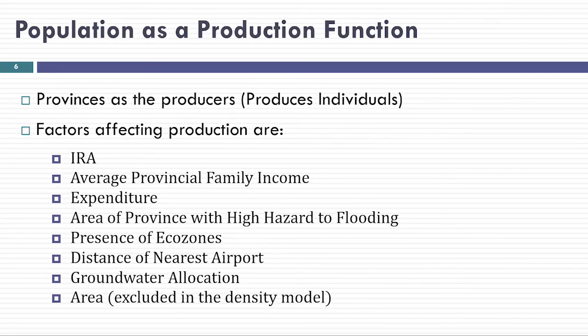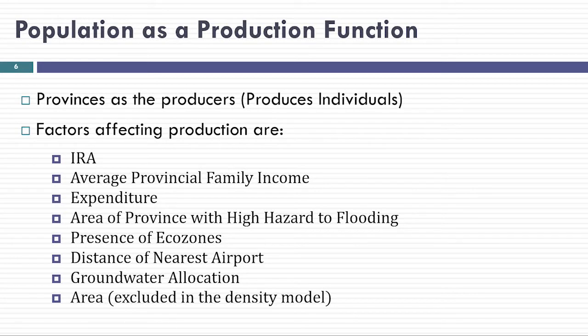So applying this spatiotemporal stochastic frontier model in our setup, we view the provinces as the producers, where the quantity of product, which is the growth in the population that was produced, is affected by the given factors of population growth.